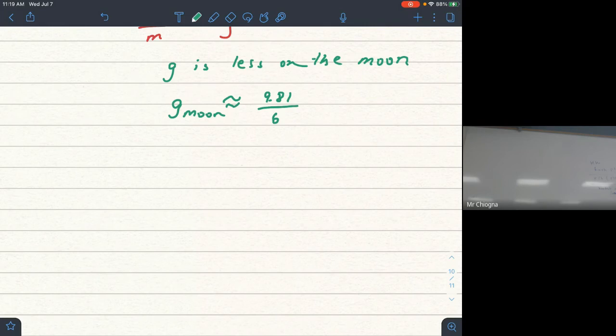Number 1. F net equals ma. Force equals mass times acceleration. Just know that.